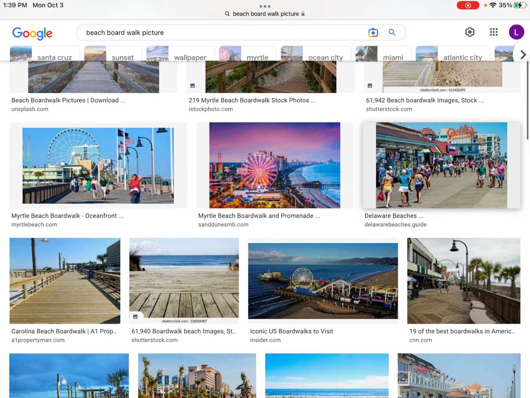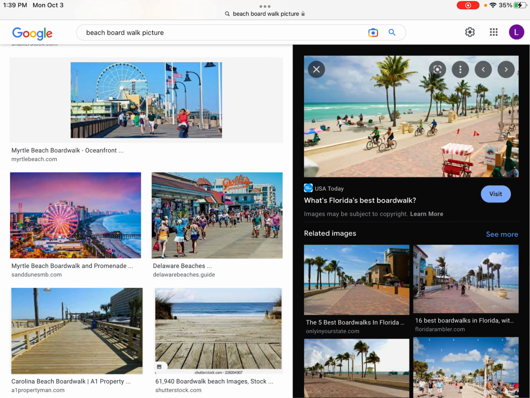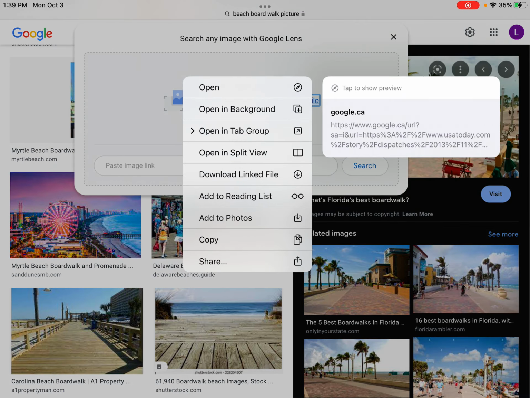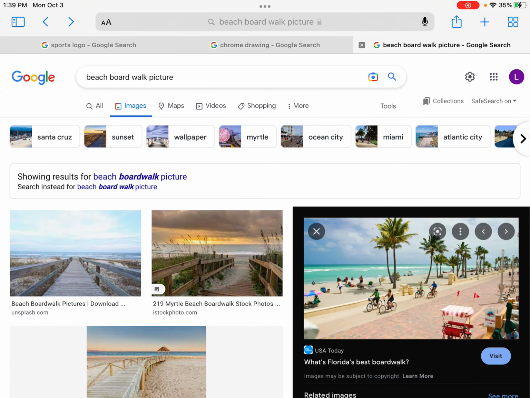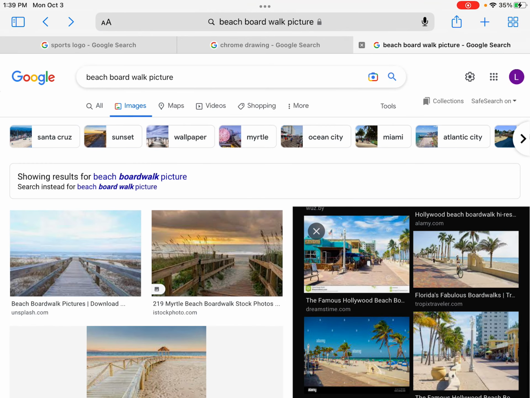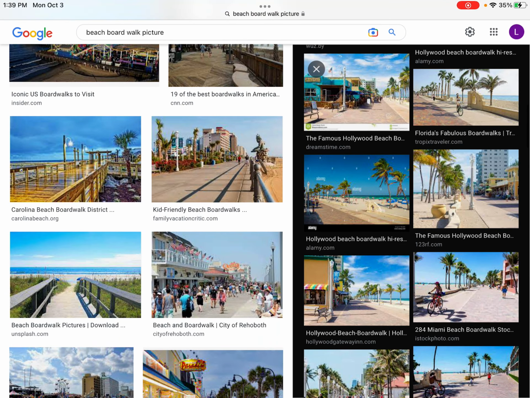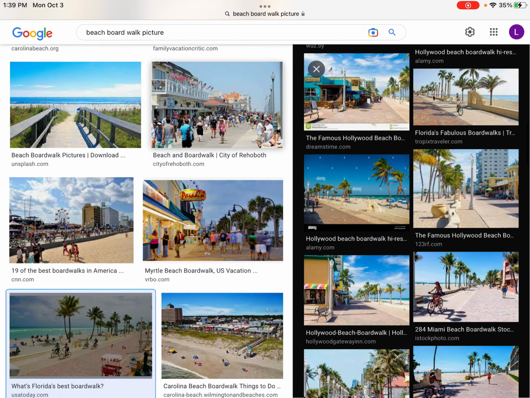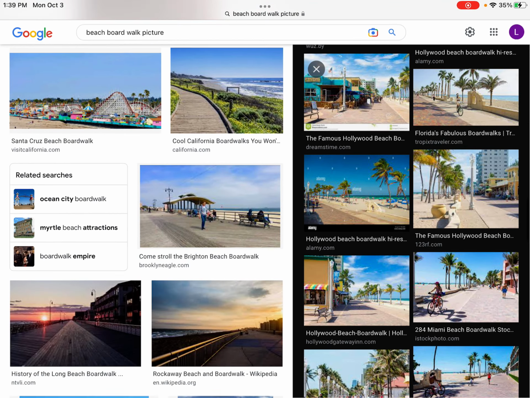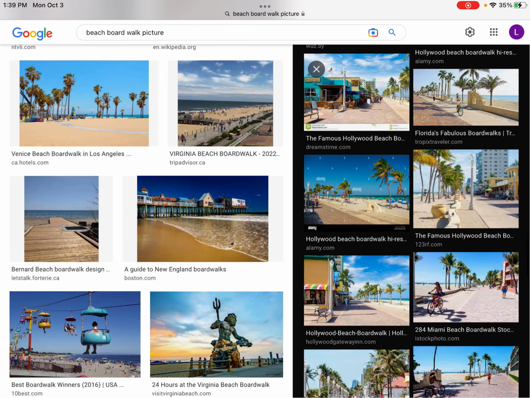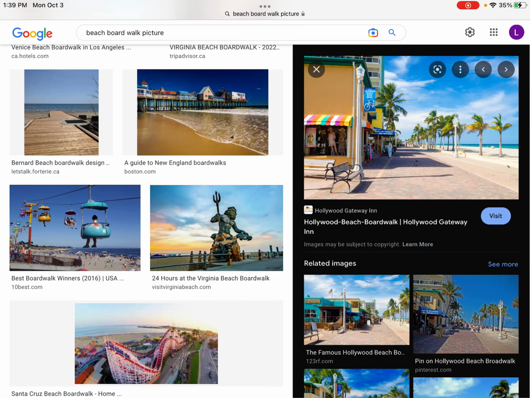Let's do, for example, a nice big one. Let's do this one, for example. It's too small, huh? It's a little bit small. Hold up. Let's do a picture. Okay, let's do this one.